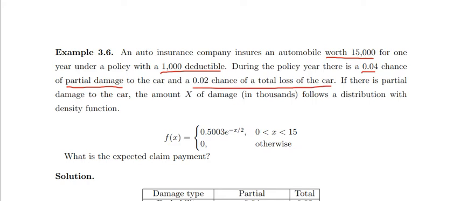Total damage loss is fixed, but partial damage can change, since it depends on the situation. So partial damage is a random variable.